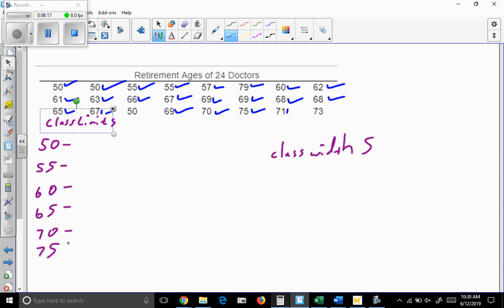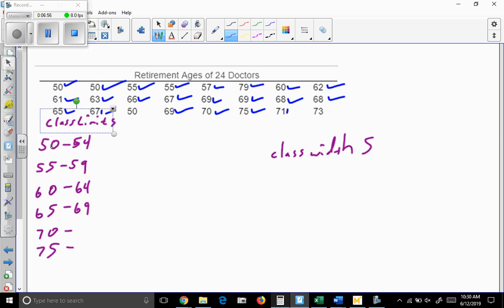Remember what the class limits are. They list a range of values that fall into each class. So if the second class starts at 55, the previous class ended at 54. If the third class begins at 60, the previous class ends at 59. So one lower than the starting value of one class is the ending for the previous one.